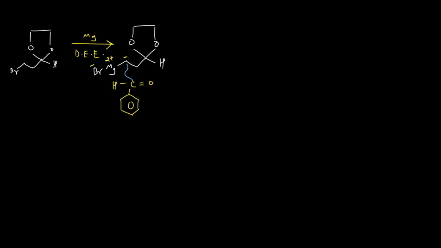So this will attack onto this carbon, and then it will result in another very important species, and that species would look like oxygen, oxygen, and this is the hydrogen here. Please remember, right? And this is your Mg and Br. No problem in that. And now this forms a bond with this carbon. Okay.